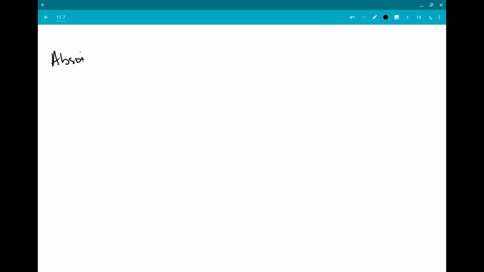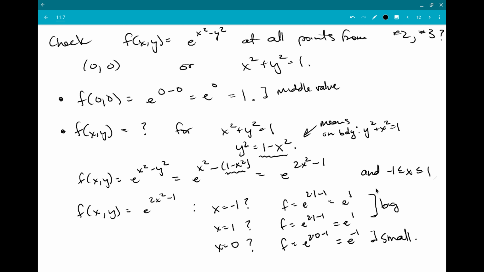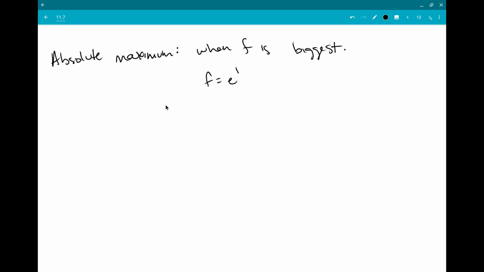So my absolute maximum is when f is biggest. And I know that's going to be f equal to e to the 1, the biggest I can possibly make this function. And it's going to be when x is equal to minus 1 or 1, and y is equal to, we'll do that separately actually.